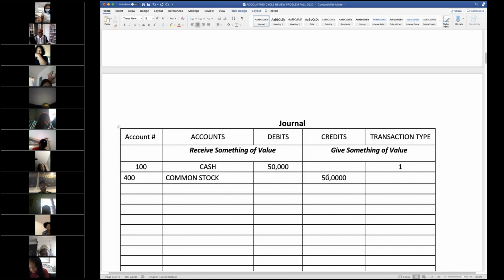So the business got cash of 50,000 and gave common stock to the owners, a stock certificate indicating that they put this in the business.